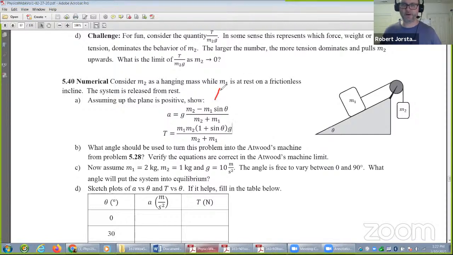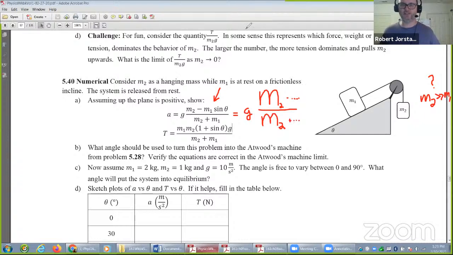Let's think about this. Does this result right here for acceleration make sense if M2 is much bigger than M1? If M2 is much bigger than M1, what happens to this? We get G times M2 minus something small, all over M2 plus something small.